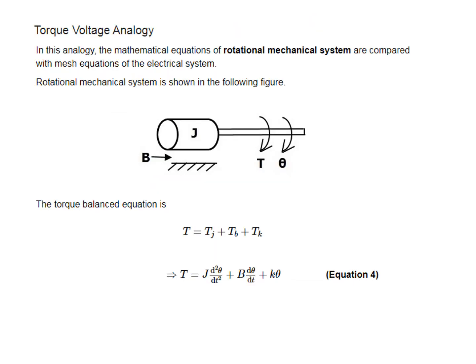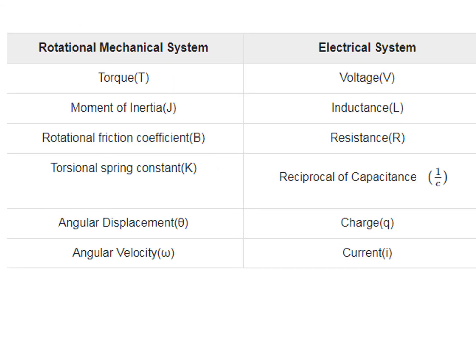So let us move on to the next one, torque voltage analogy. We have already discussed this. We are applying an external torque here. The body will surely experience an opposite force by Newton's second law, and this torque balance equation has been written like this.